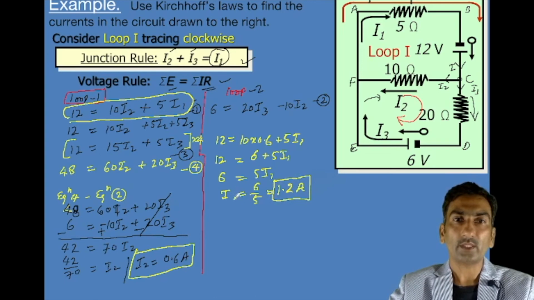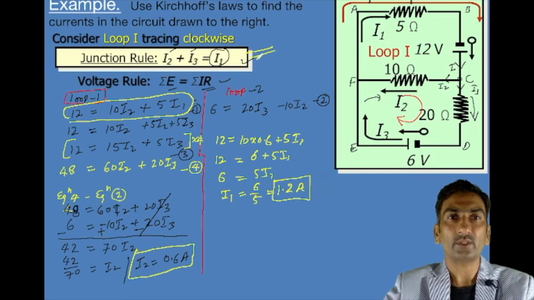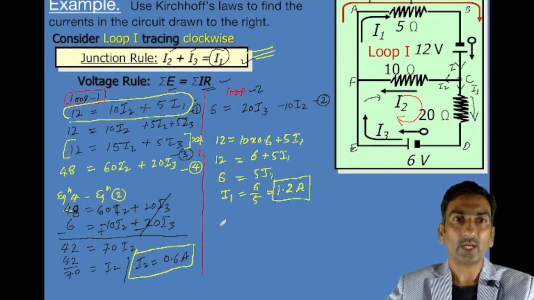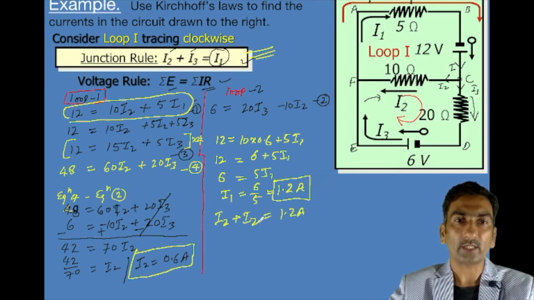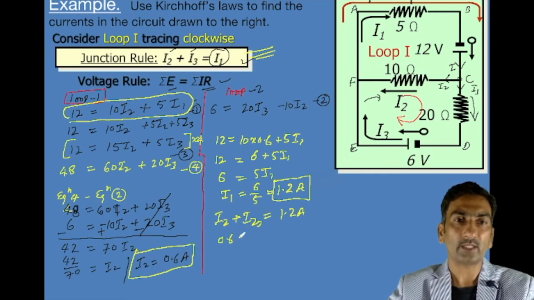Now I1 and I2, you can substitute the value here in the junction rule. So I2 plus I3 is equals to I1, and I1 is 1.2 ampere. I2 value is 0.6, you can write it here, and plus I3 is equals to 1.2 ampere.